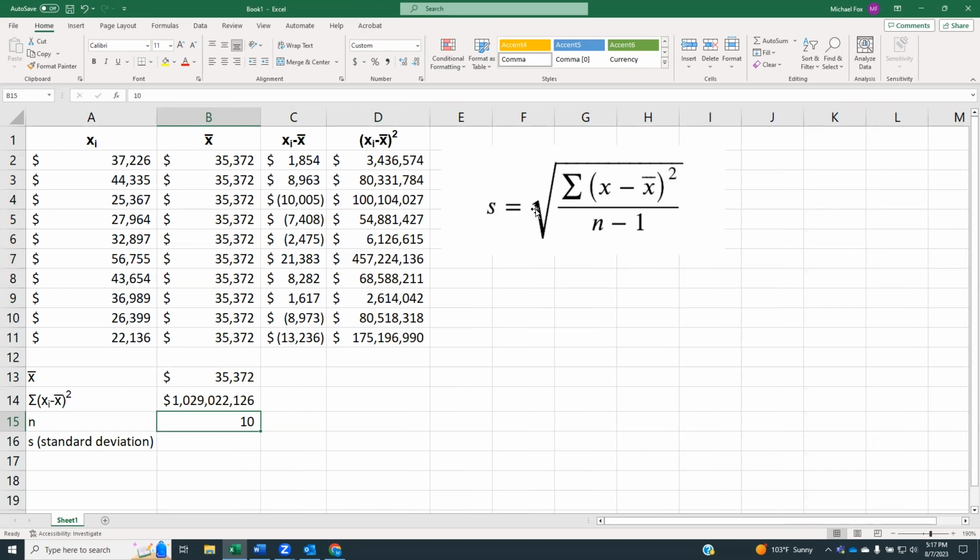So now we can do our formula. We know that it is the square root of this number, the sum of x minus x bar squared, so this number right here, divided by n minus 1. So I can just tell Excel this equals the square root of the gargantuan sum of xi minus x bar squared divided by n, which we figured out right here, minus 1.